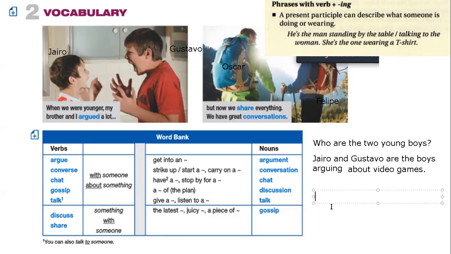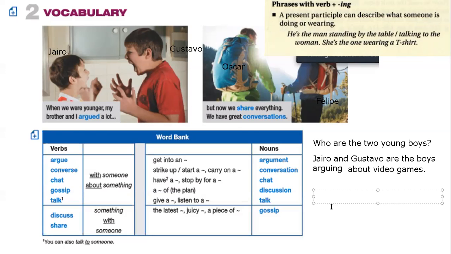You have to see what kind of clothes are easy to spot according to the picture. He has something in green. What is that thing that is in green? A sweater. And what about this heavy thing that this person is carrying? What is the name of that heavy object? The backpack. So if you want to use these phrases with ing, el backpack, el verbo sería como carry, llevar. And with the sweater, the appropriate verb is wear.